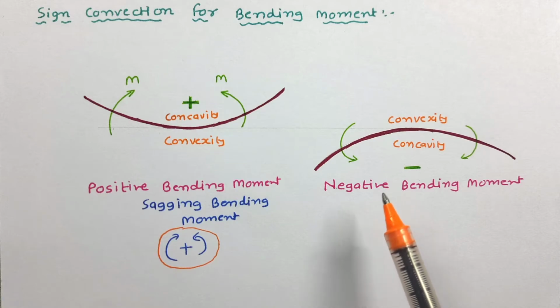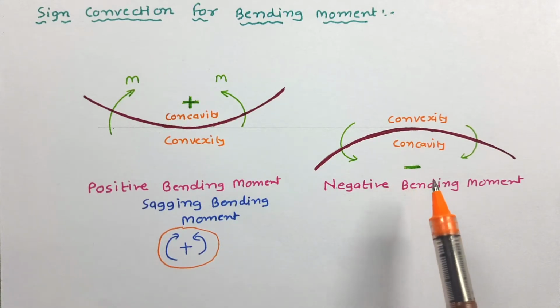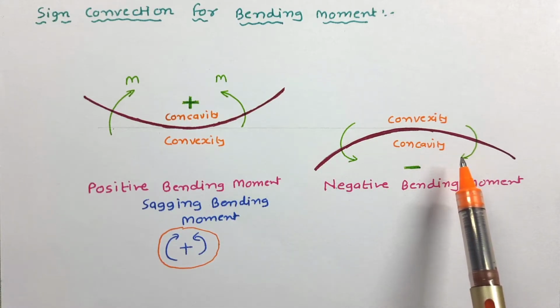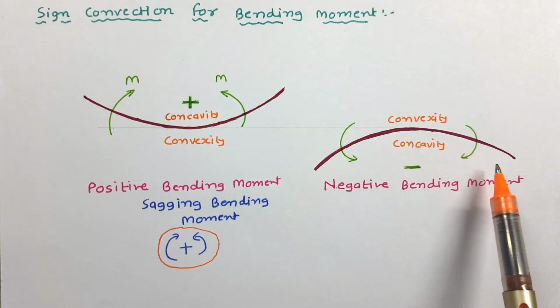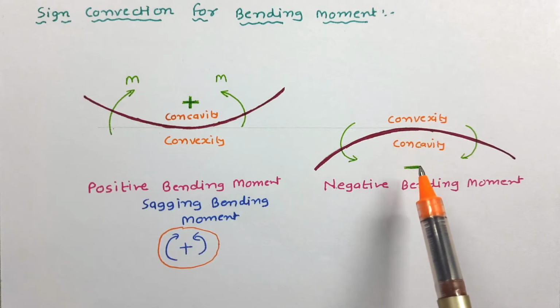On the other hand, the bending moment is said to be negative if it tends to bend the beam to a curvature having convexity at the top and concavity at the bottom.